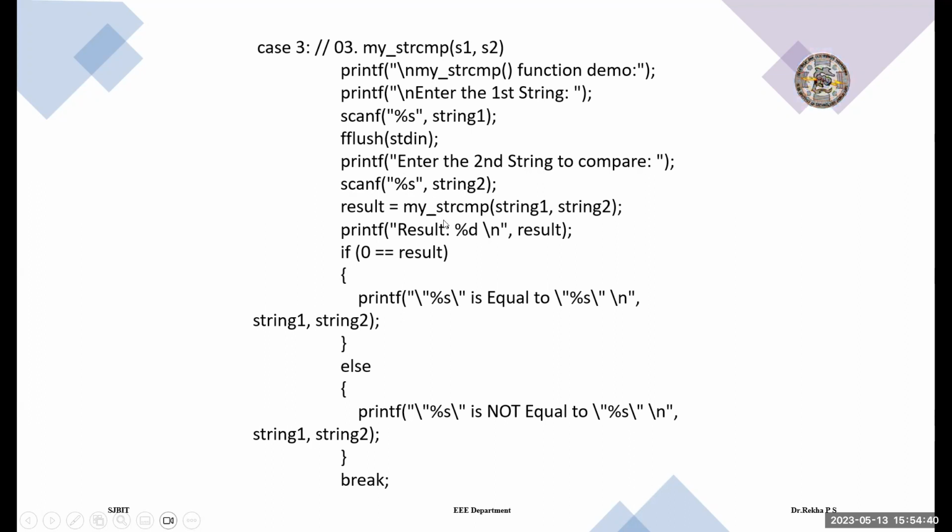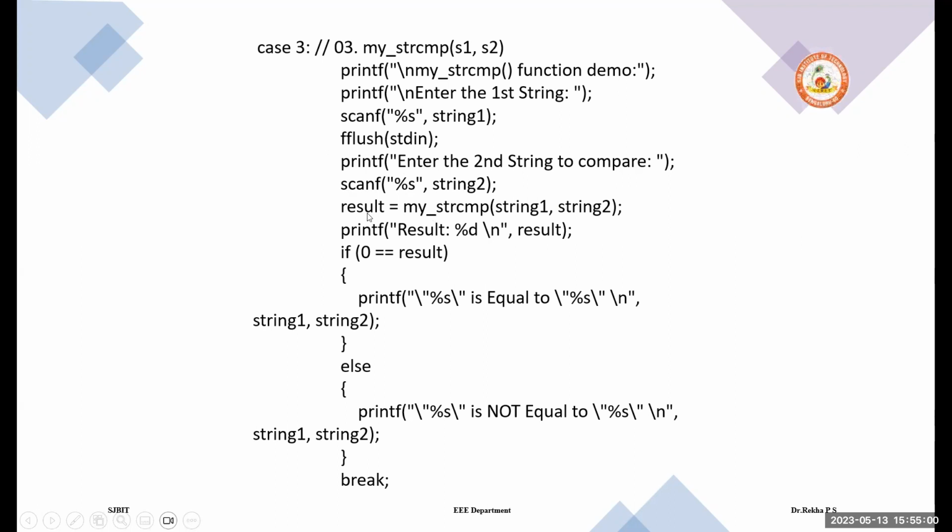Now what happens? When the strcmp function is called, it takes two arguments: one is string 1, the other is string 2. It compares the values of the strings you have entered and returns the result.